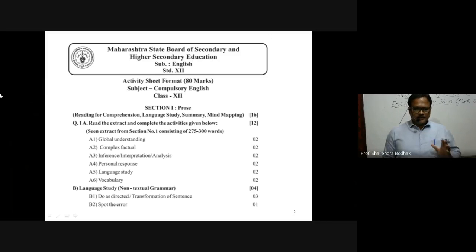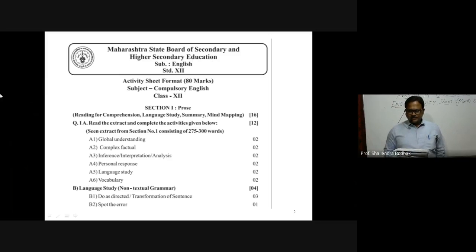Now see, in question first A, they will ask you to read the extract and complete the activities given below. That passage which will be there, it will be of 275 to 300 words. Okay. Now, see activity 1, global understanding. Means what? It carries 2 marks. If you want, you write.